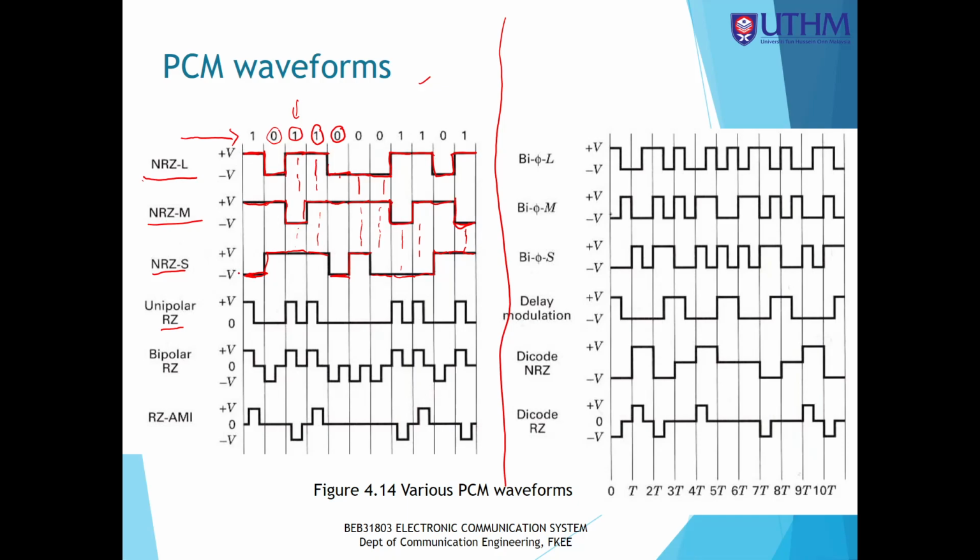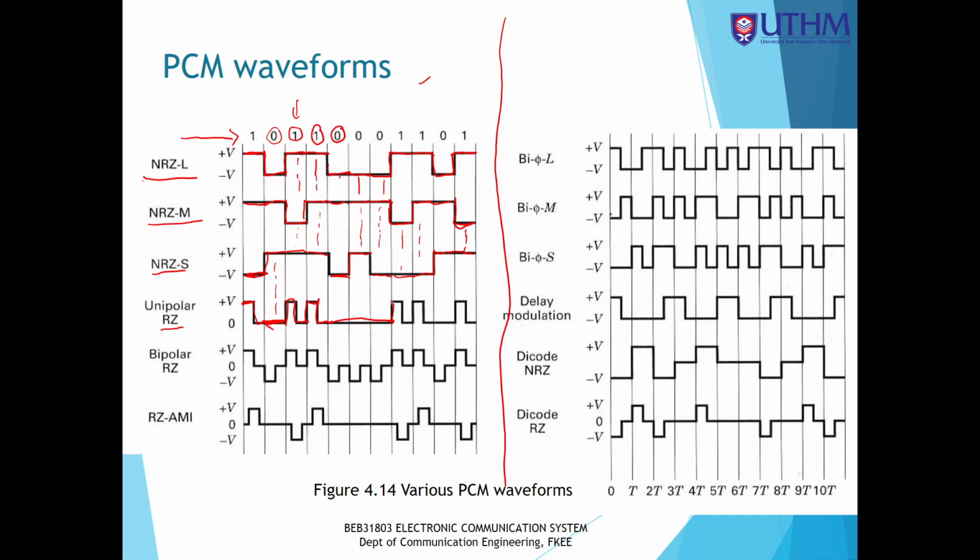So you see that input logic 1 becomes positive output voltage and then returns to 0 for another half bit time. Input logic 0, no change, stays at 0 volt. Input logic 1, positive output voltage, return to 0. Another one, positive output, return to 0. And then 0, 0, 0, so it will stay at 0 volt.